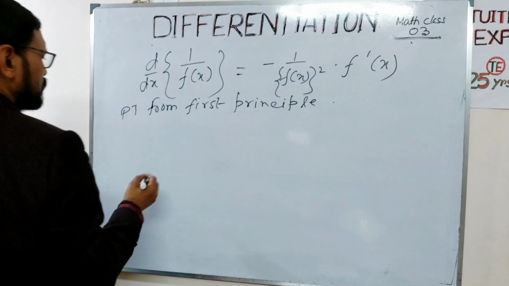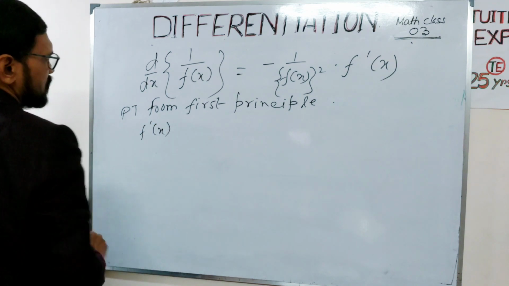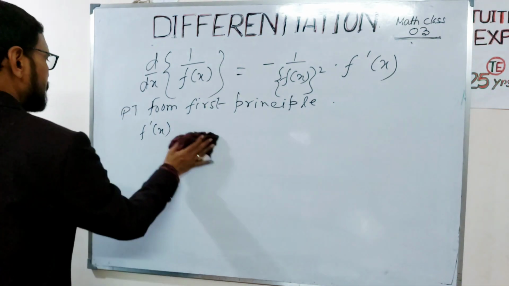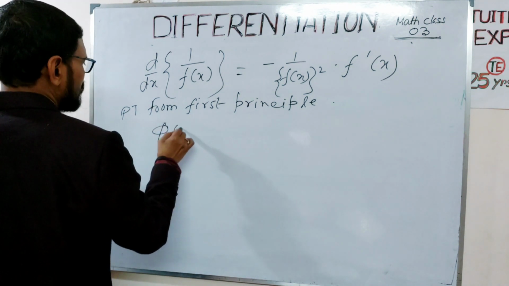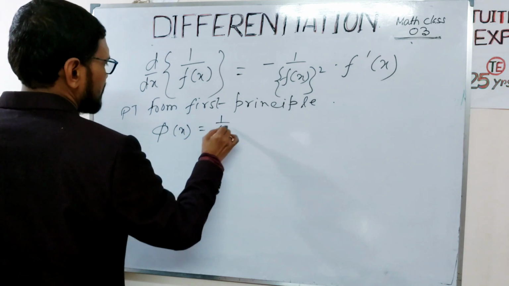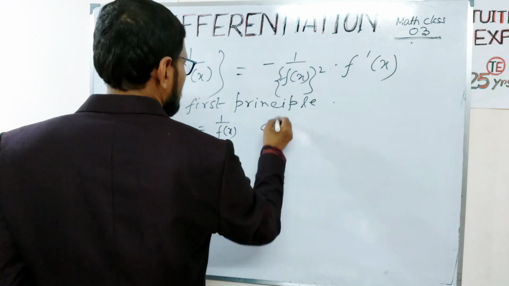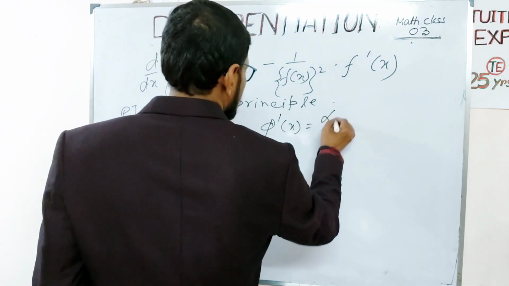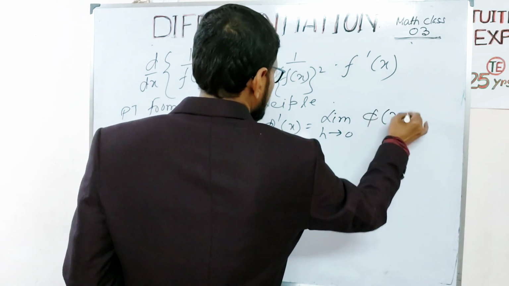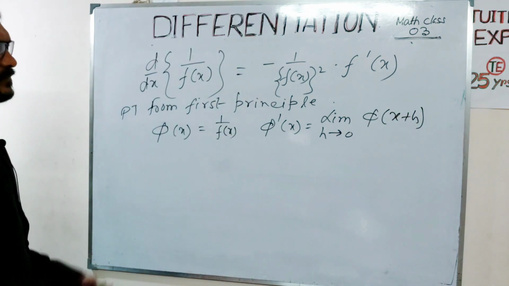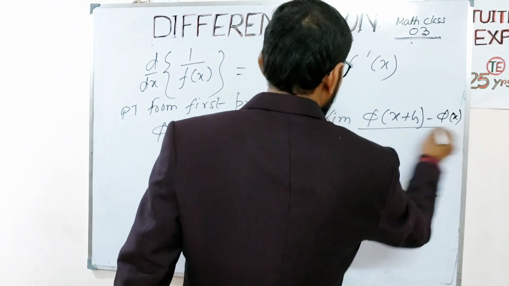Now here we use the formula for f dash x. Suppose 1 by f x equals phi x, another function. Let phi x equal 1 by f x. So phi dash x equals, we use limit h tends to 0 of phi of x plus h minus phi x by h.